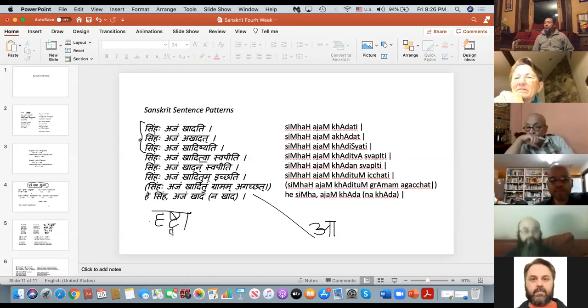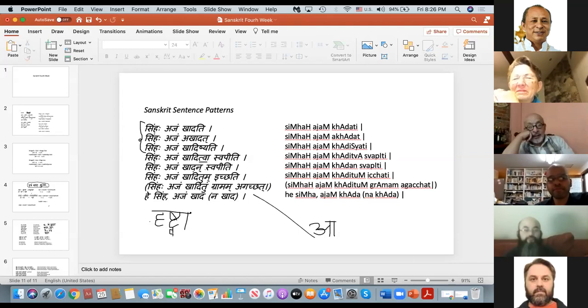Simha, ajam, drishtva, swapiti. Yeah. I'm trying to say that after seeing the goat, he slept. After seeing the goat, he eats or he left? He sleeps. Huh? After seeing the goat, he sleeps, or having seen the goat. Oh, okay, that is okay. Drishtva.